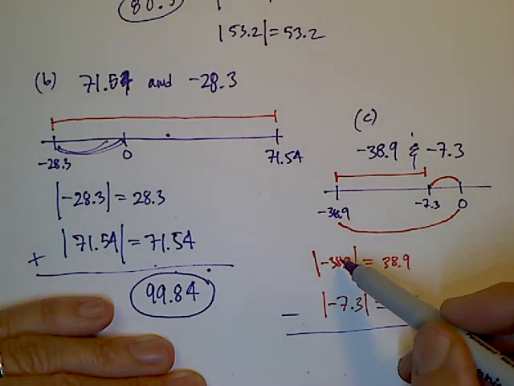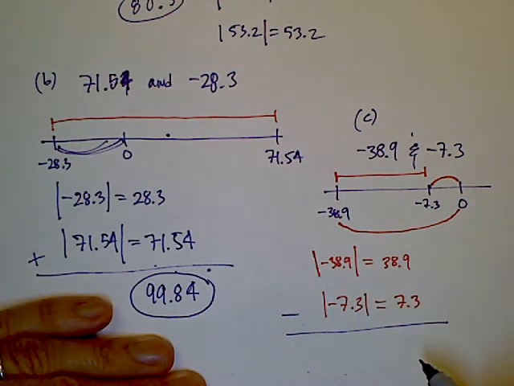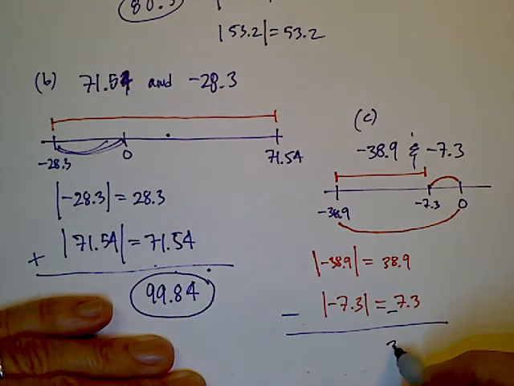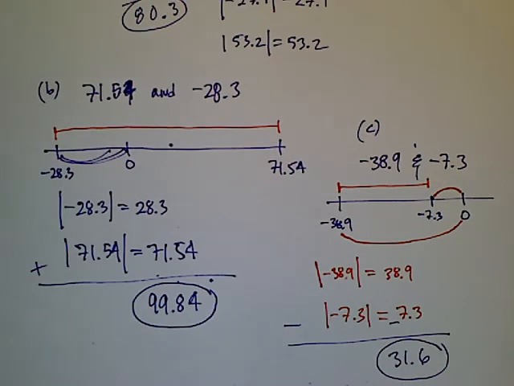So it would be the difference of these two absolute values. I can subtract these two and end up with 31.6, or 31 and 6/10. So that would be the distance between those 2 points. All right, I hope that helped.